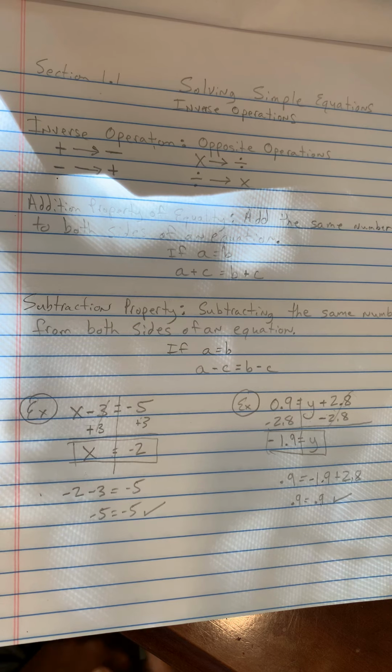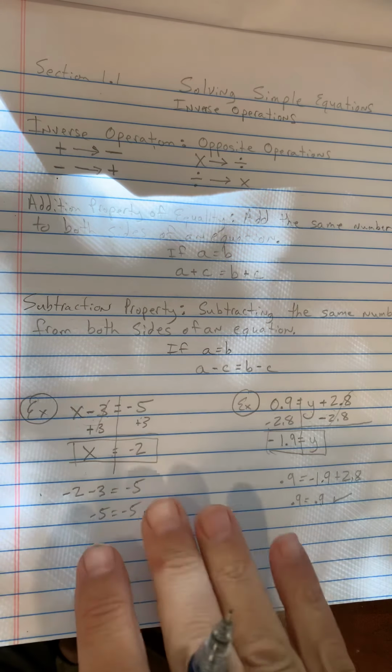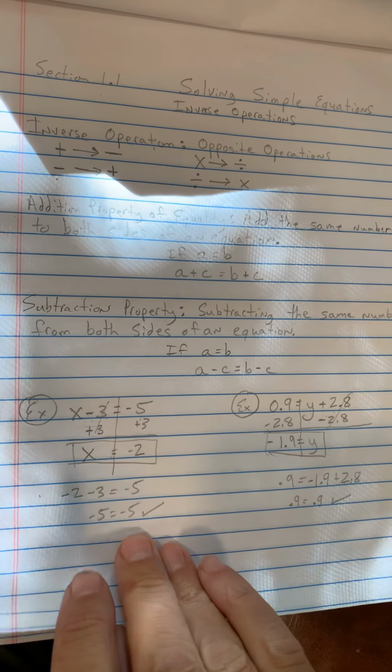So there's addition and subtraction properties. I'm going to start a new page here because we're going to get into the last two, which are multiplication and division. All right.